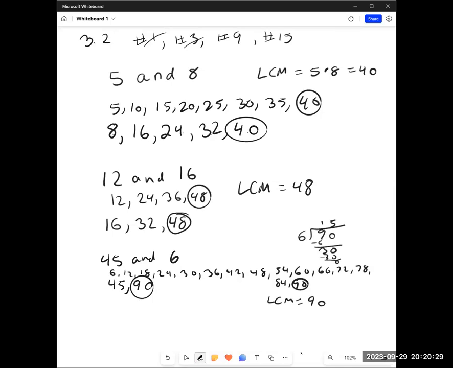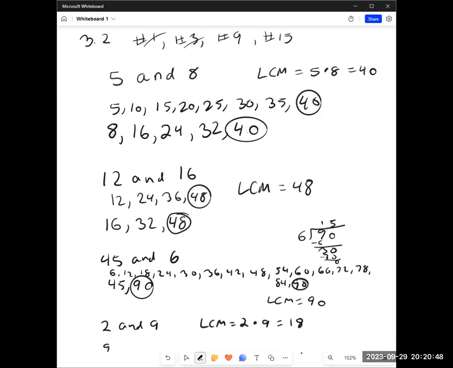All right, one more. We need the LCM of 2 and 9. These are relatively prime. There are no common factors between 2 and 9. So my LCM here, like we talked about before, should just be 2 times 9, which is 18.